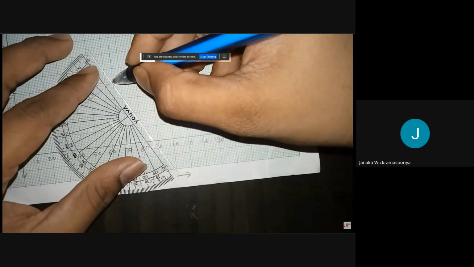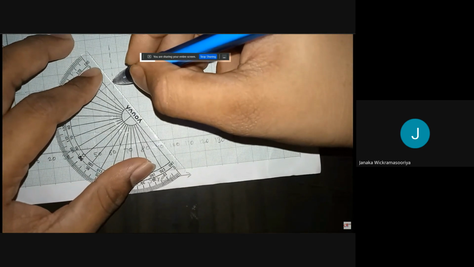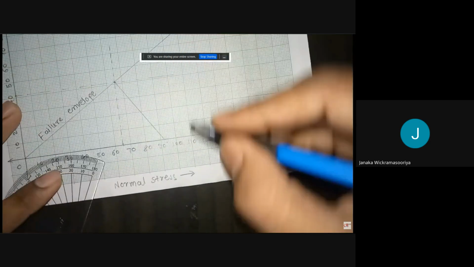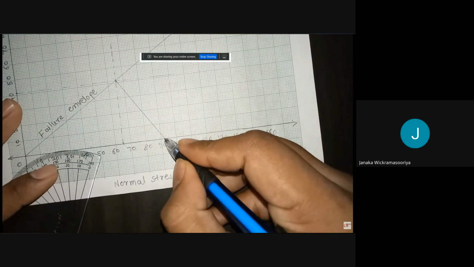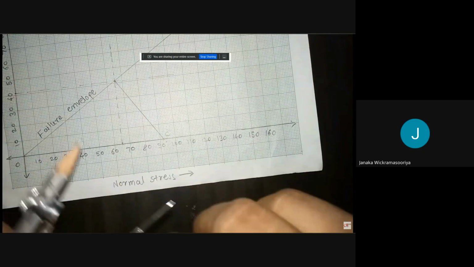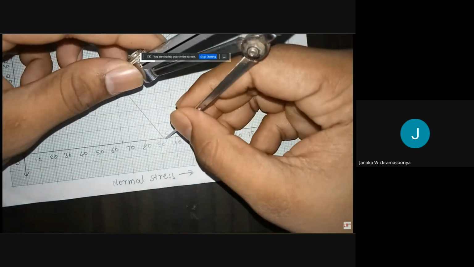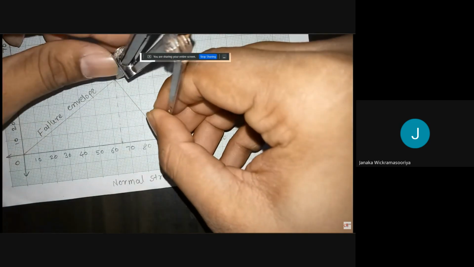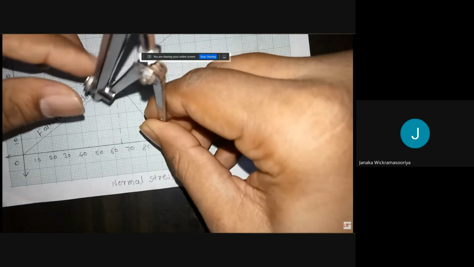Join this point. We will get the center. So this is the center of the Mohr circle. This C is called the center of the Mohr circle. Take this distance in the compass and draw one semicircle touching the failure envelope.